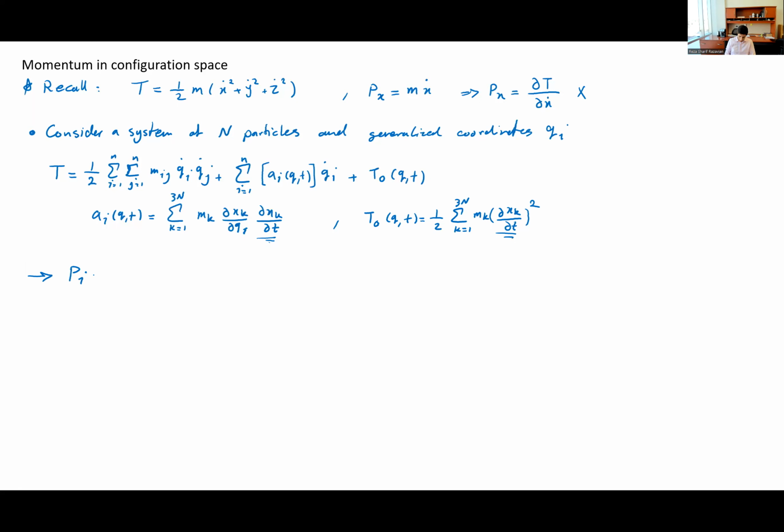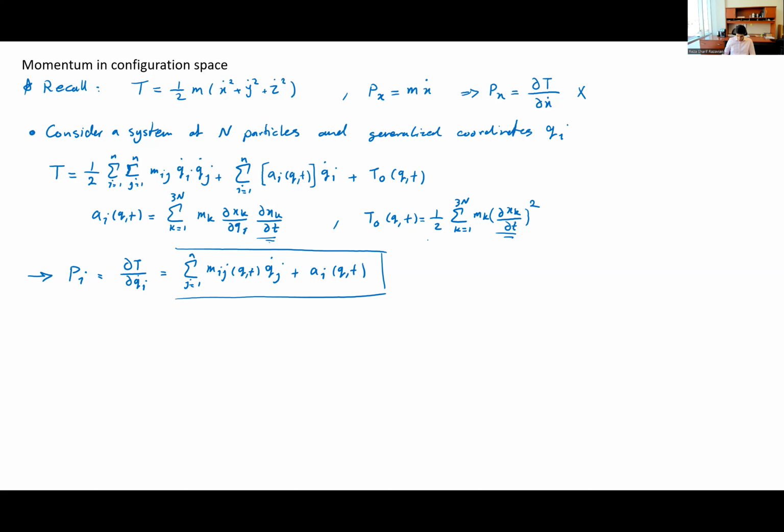And if we do that, it's going to be the summation j equals 1 to n of mij q dot j, let me write it as mij of q and t to be more complete, plus ai of q and t. So that is the momentum associated with the generalized coordinate qi.